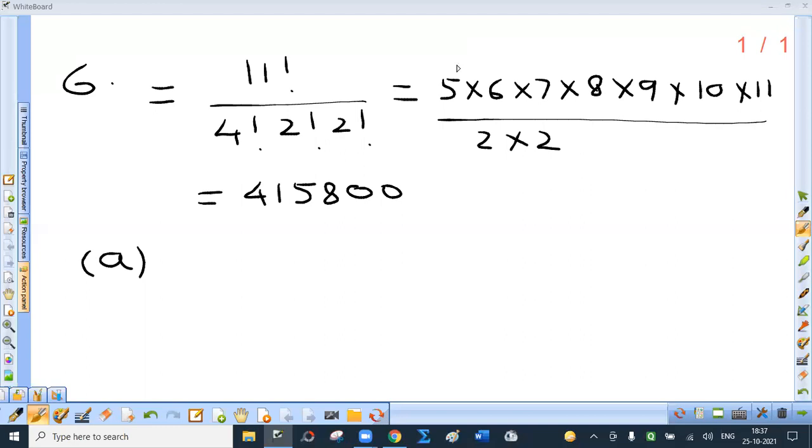Therefore, we have to arrange 7 plus 1 equal to 8 letters, which include A 4 times.